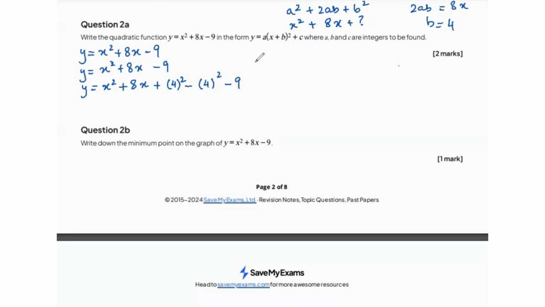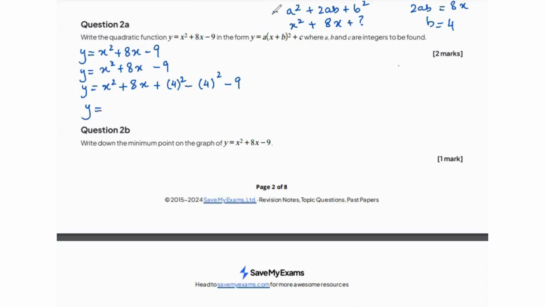It's a mathematical rule that if you introduce something by adding it, you need to subtract the same term as well, like in fractions, where if we multiply the numerator by a new term, we divide by it as well. Applying the same rule here, if we're adding plus 4 squared, we subtract it as well.